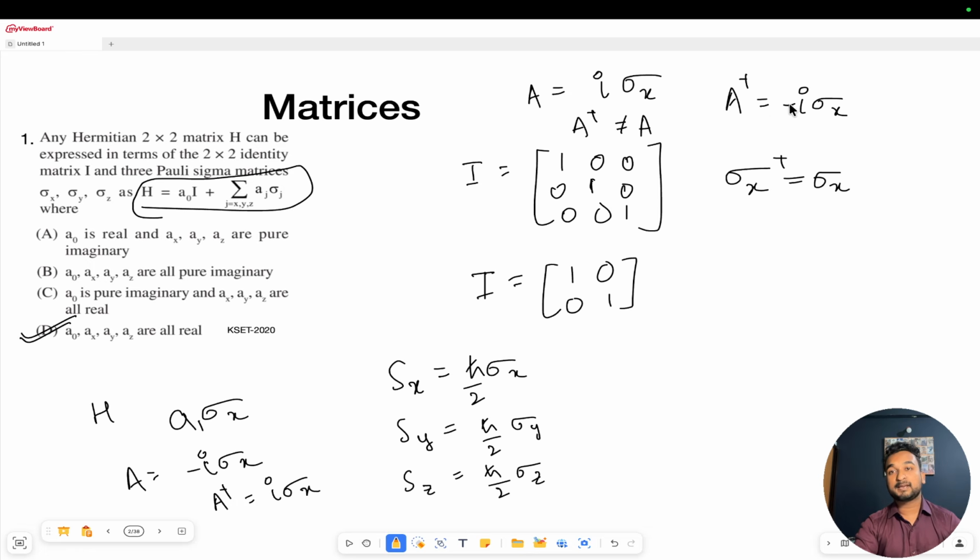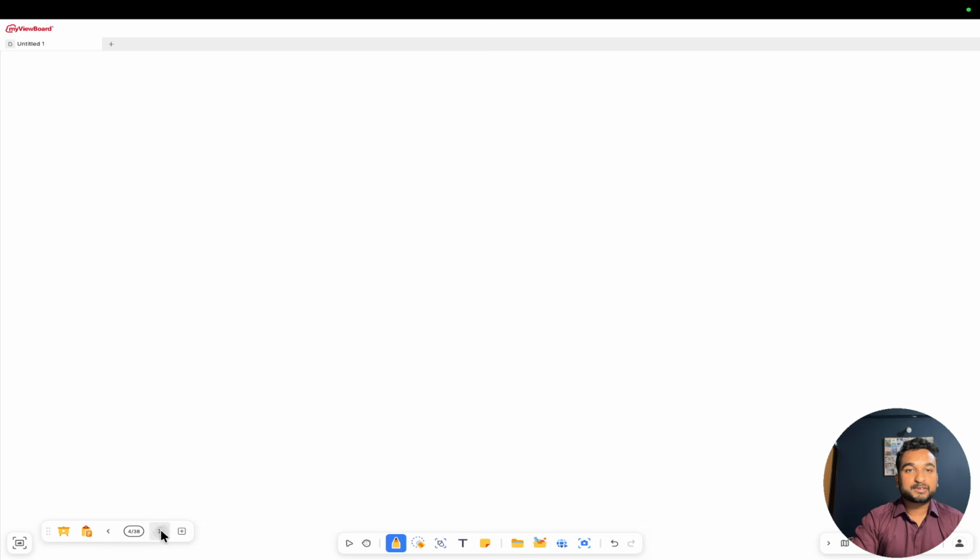So to maintain that, you have to multiply by a constant which is real, not complex or purely imaginary. So to make a Hermitian matrix of this type, you have to select a naught, ax, ay and az as real values. Okay, so moving ahead to the next question.